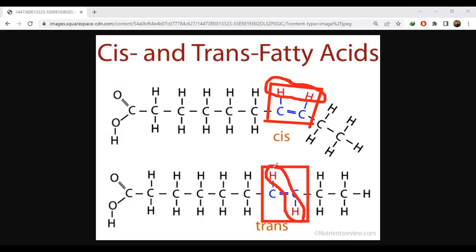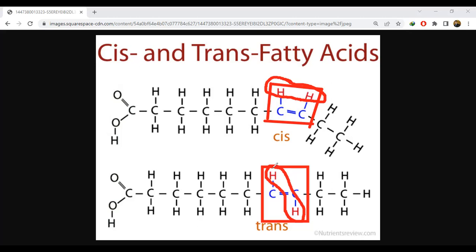If you use it a second time, the unsaturated fat has turned to trans unsaturated fat.